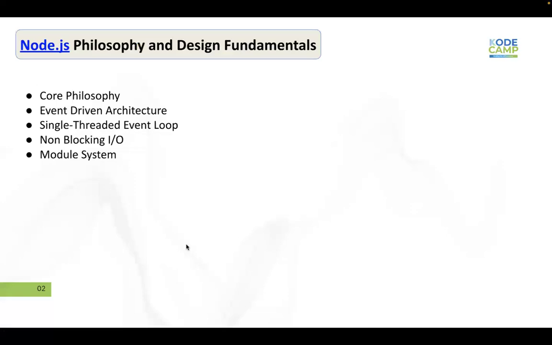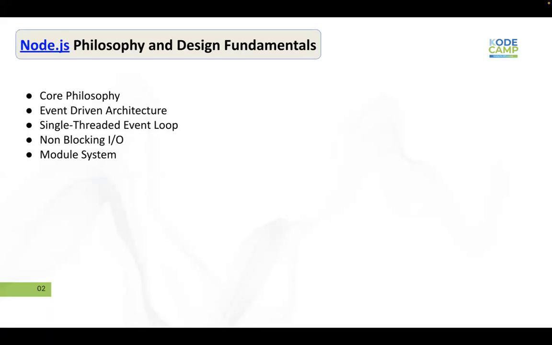Next on our list is the module system. Node.js also uses the CommonJS module system, and now it also supports ES modules out of the box, especially in this major release, version 23. It supports ES modules out of the box and also TypeScript.